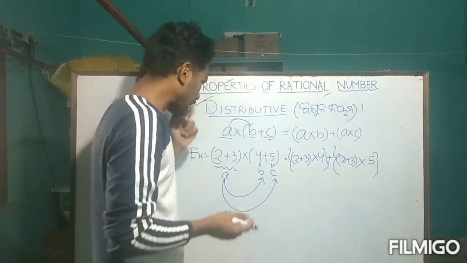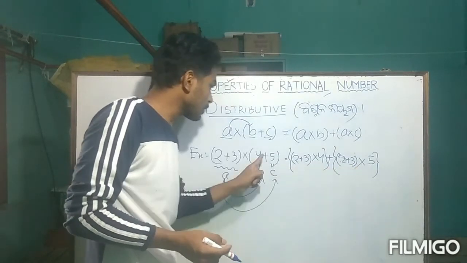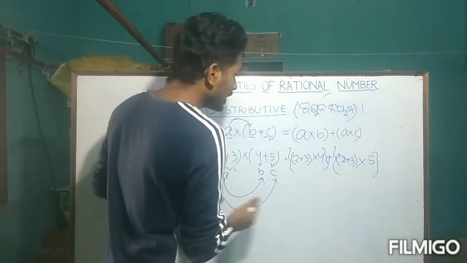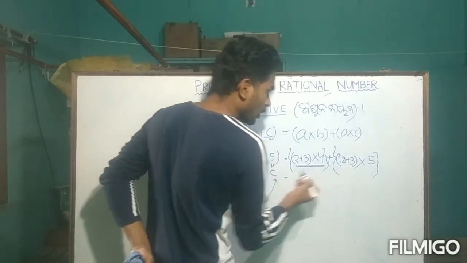First we have to multiply a with b, then multiply a with c, and use a plus sign in between. Okay, then next, see here, also we have to use distributive law.